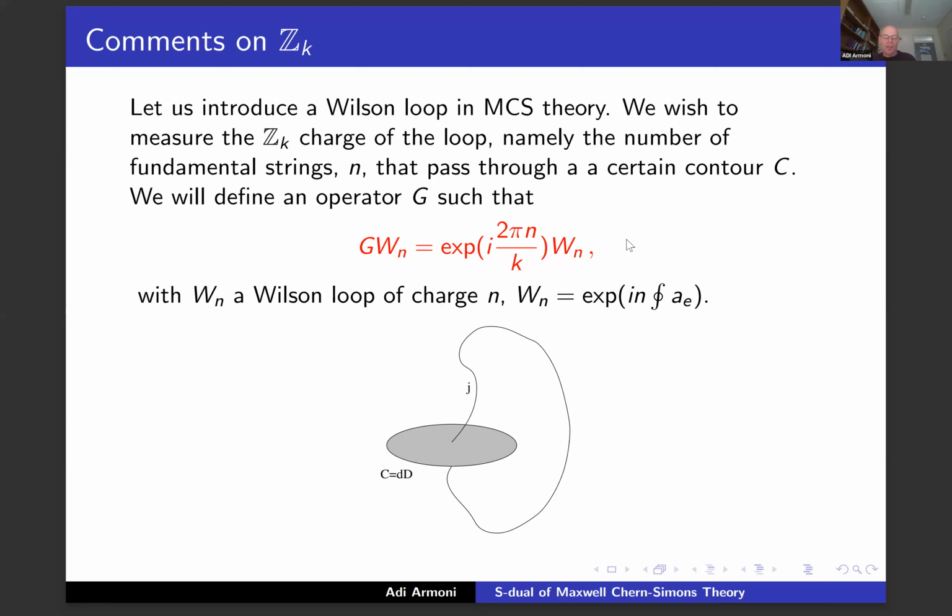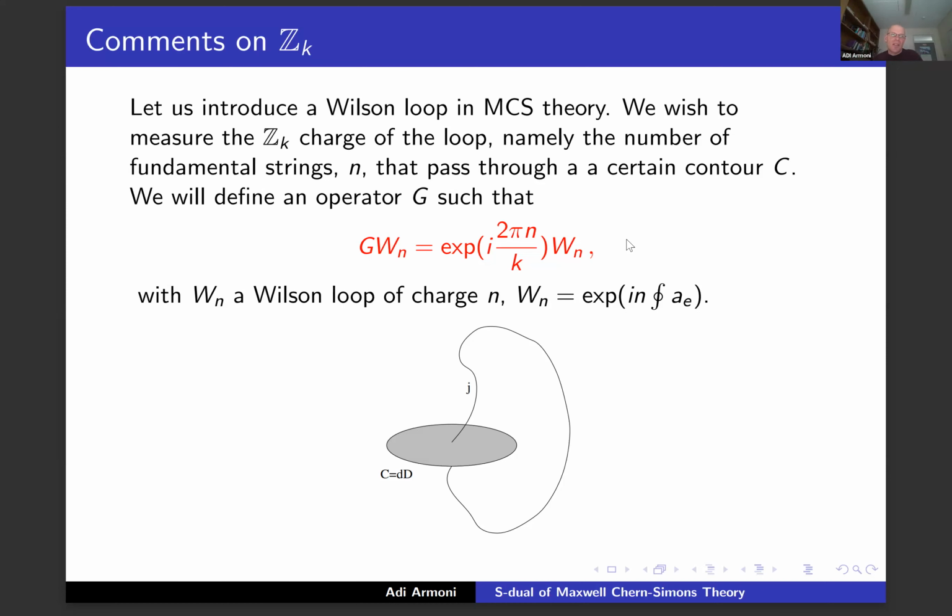So I want to count this charge, and the operator that I want to construct, called G, when it acts on this Wilson loop or a string, just counts the number n, the number of fundamental strings, and the eigenvalue is the exponent of i 2 pi n over k.